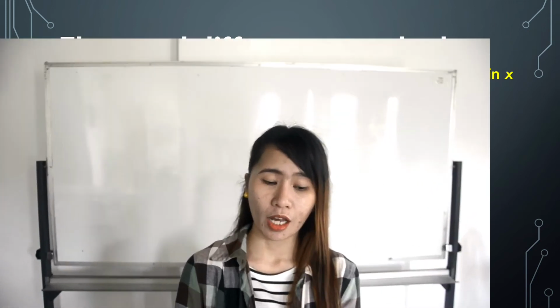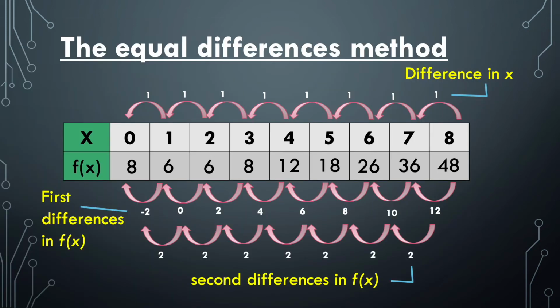So let's try the second differences. We have 12 minus 10 is 2, 10 minus 8 is 2, 8 minus 6 is 2, 6 minus 4 is 2, 4 minus 2 is 2, 2 minus 0 is 2, and 0 minus negative 2 is 2. For our second differences in f of x, we have the same value, or they are equal to each other.